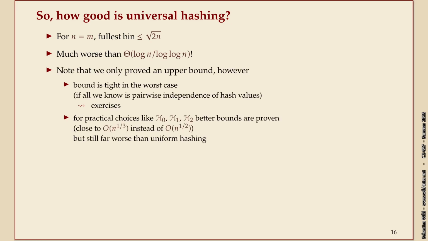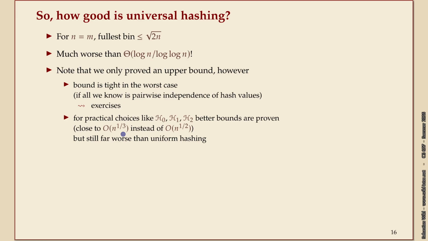Now, we only proved an upper bound. In principle, it could be that just the analysis is too weak, but this turns out not to be the case. And we'll look at this in the upcoming exercises a bit more. If all you assume is essentially the universality of the family of hash functions, then you can actually get this square root n. For practical choices, somewhat of a good and bad news, if you want. For these kind of hash function families I showed you, you can actually show a better bound, but it's still not polylogarithmic.